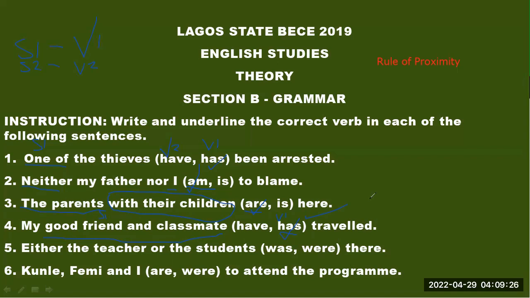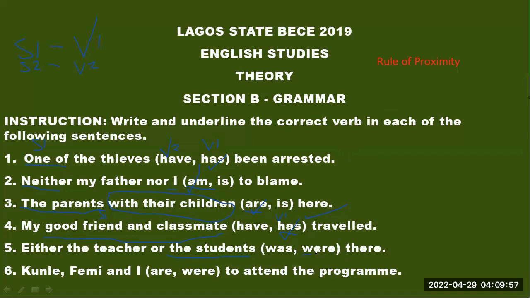Again, here you can see that again we are dealing with the rule of proximity, either the teacher or the students. And then the subject that is closer to the verb determines the form of the verb. And since the students is a plural subject, we are referring to two or more students.